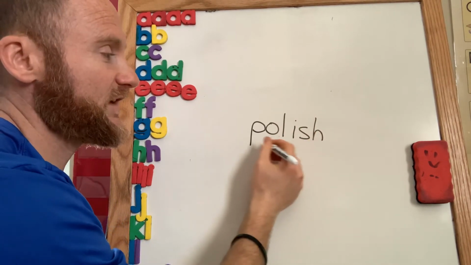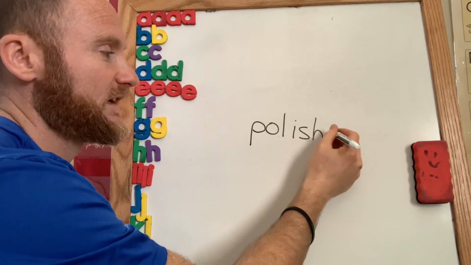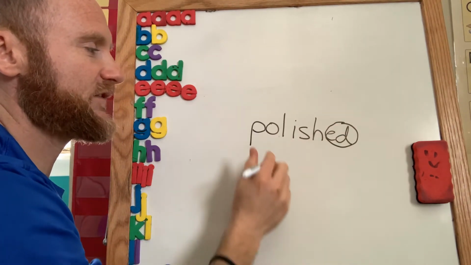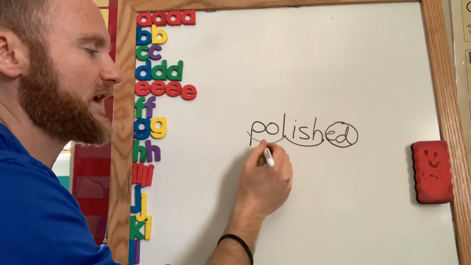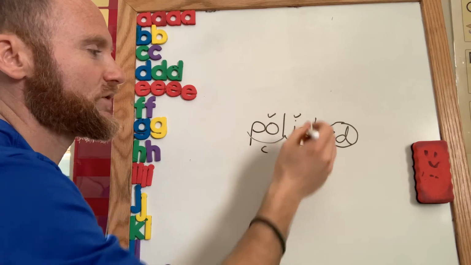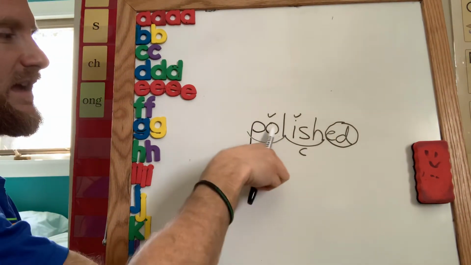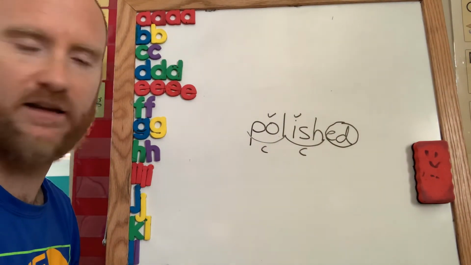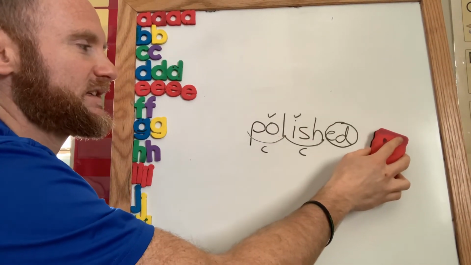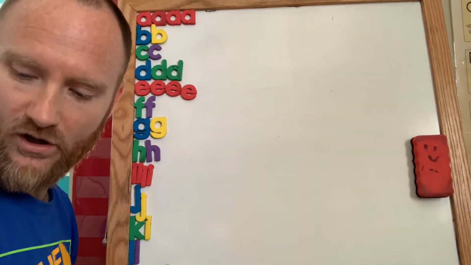And then what's my suffix to make it say polished? ED. Okay, first thing I'm going to do is circle that suffix, scoop my base word. We got closed, closed, short, short. Okay, if you did AL there, that's okay, right? This one doesn't have the AL. We know AL is also that glued sound, all.